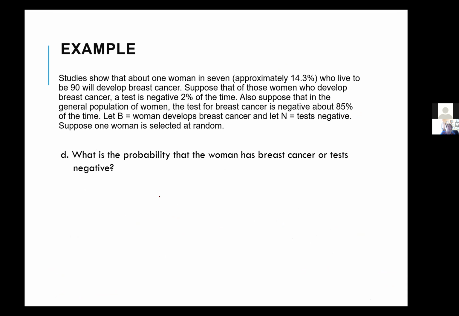All right, what's the probability that the woman has breast cancer or tests negative? So we have an or here. The probability that she has breast cancer or she tests negative.